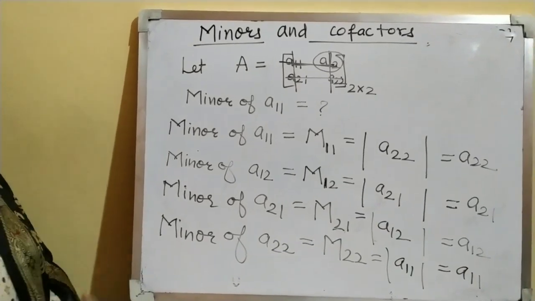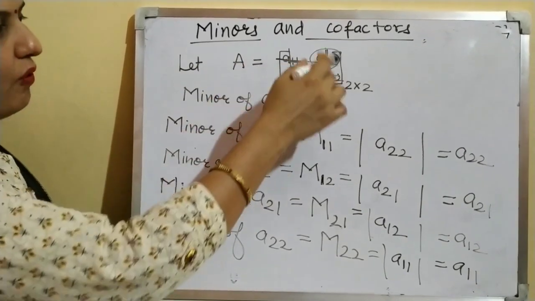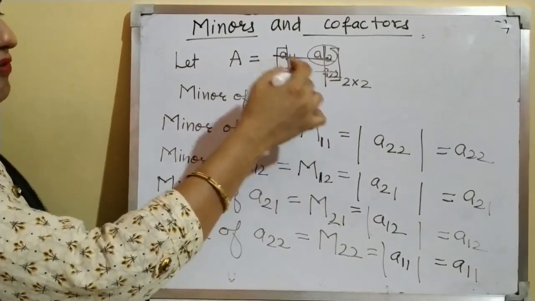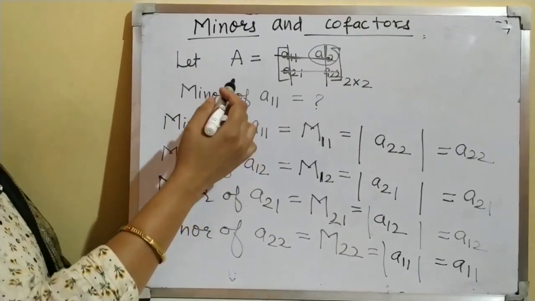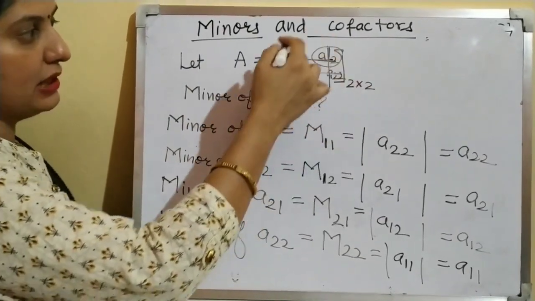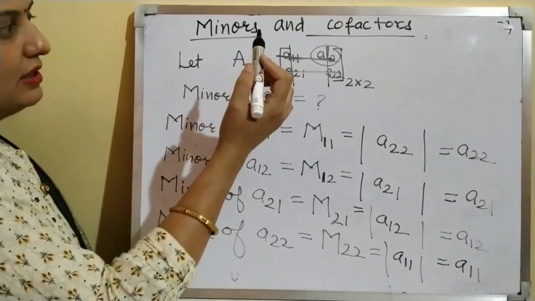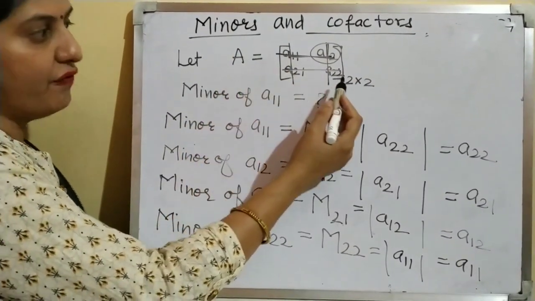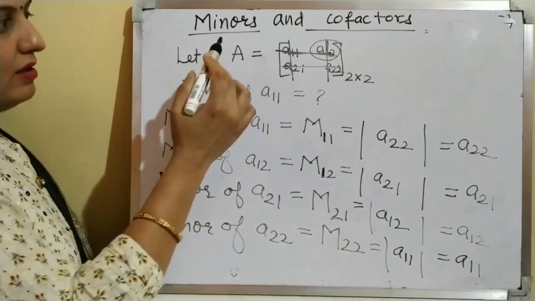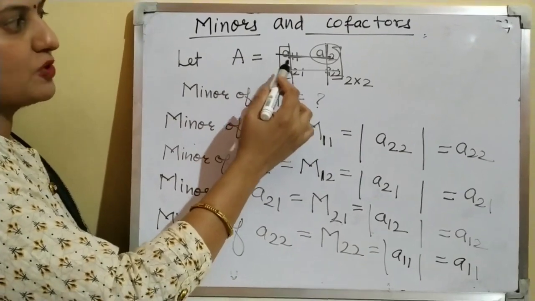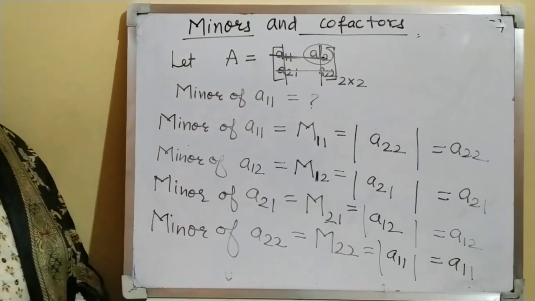In this way, we can find the minors of all the elements of matrix A. So there are at most 4 minors in this matrix A, because it has 4 elements, and we can find 4 minors corresponding to each element of the given matrix A.